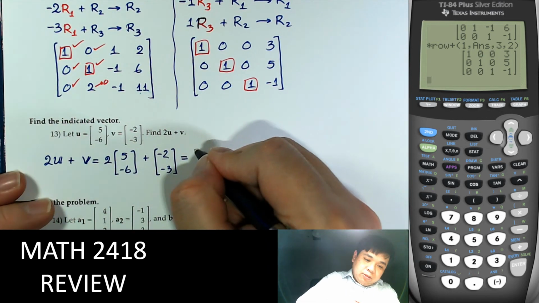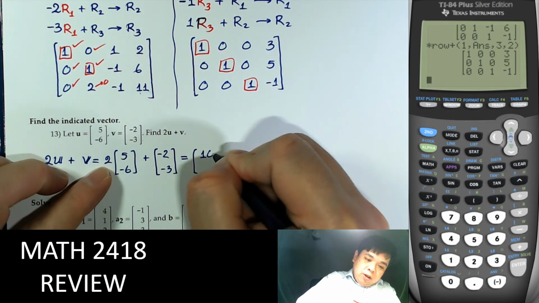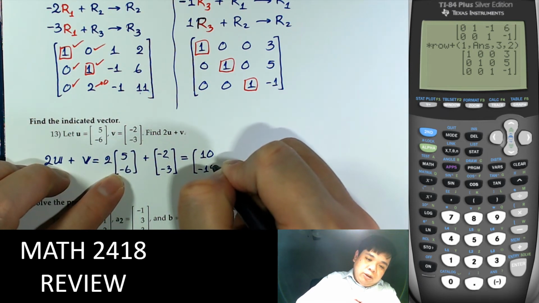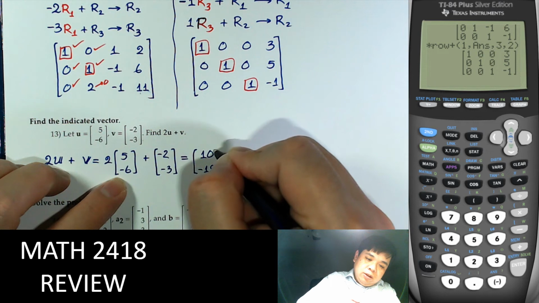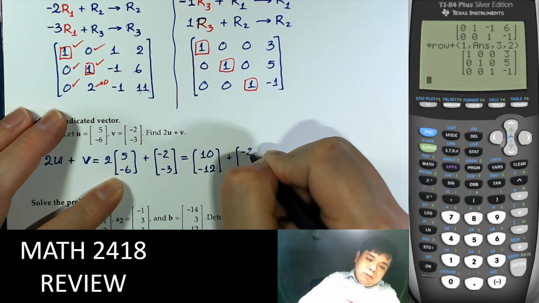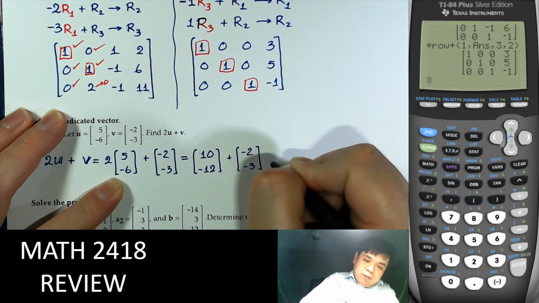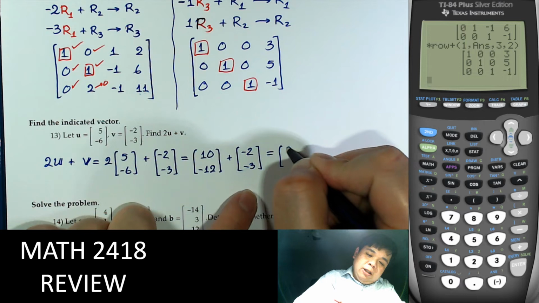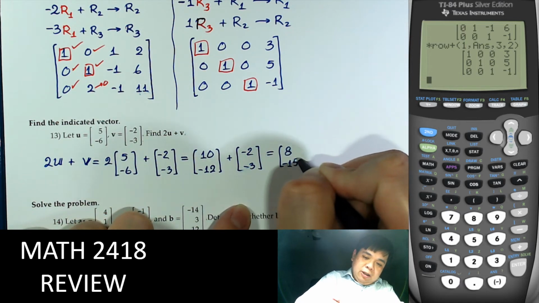So 10 and negative 12. So that gives us 8 and negative 15.